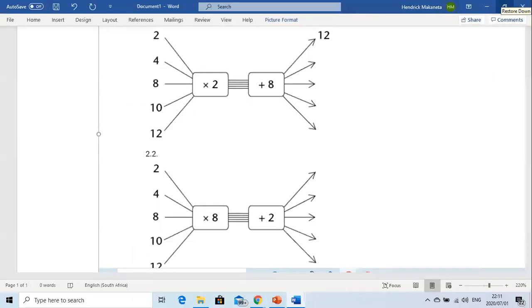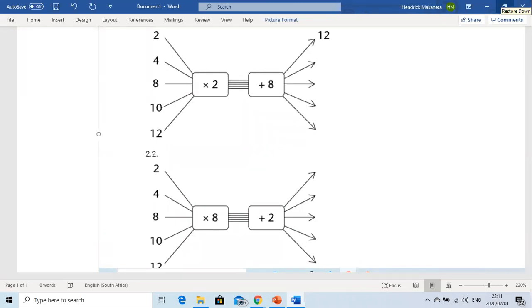So for now, I want to take you back to the flow diagram. We have already finished almost 30 minutes now, but I want us to look at the flow diagrams just to recap, also using the input values to find the output.